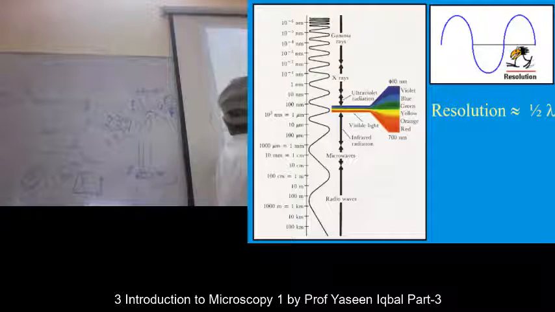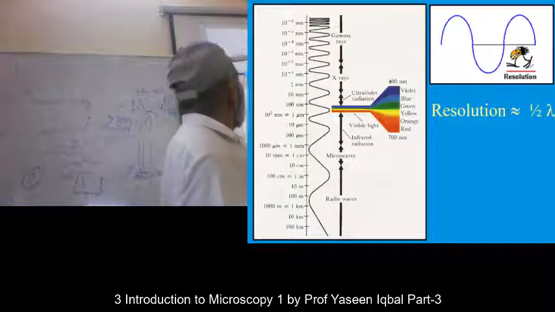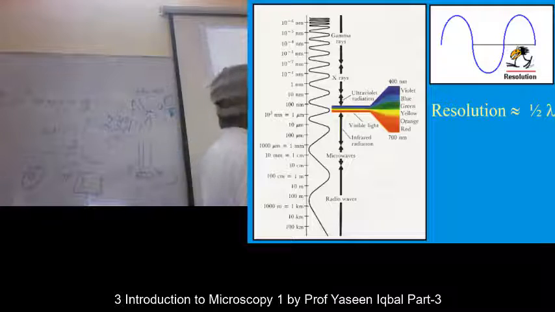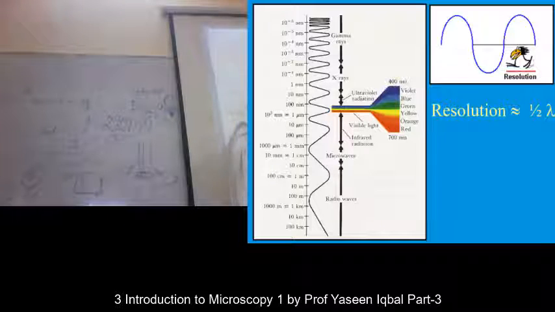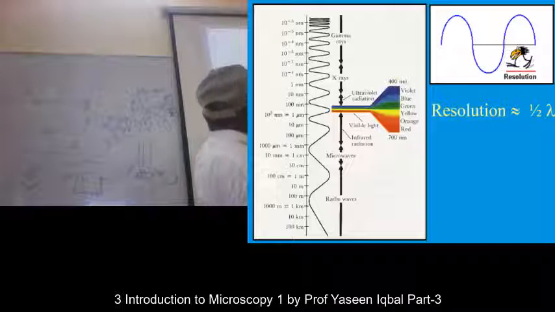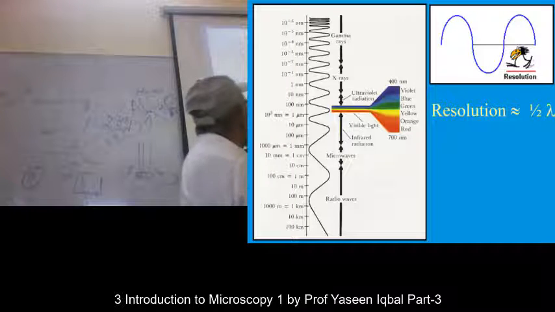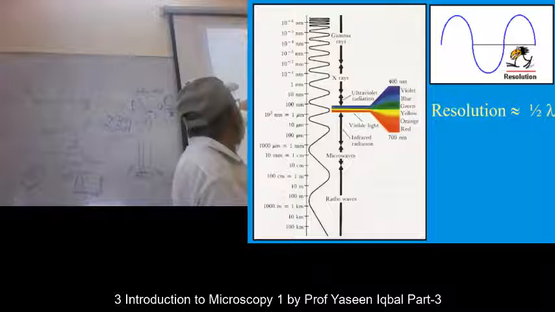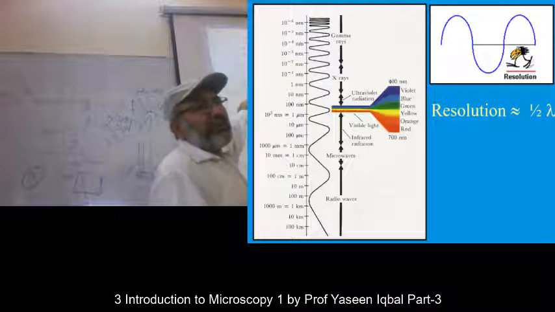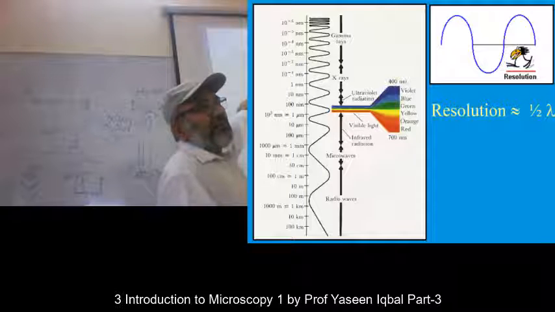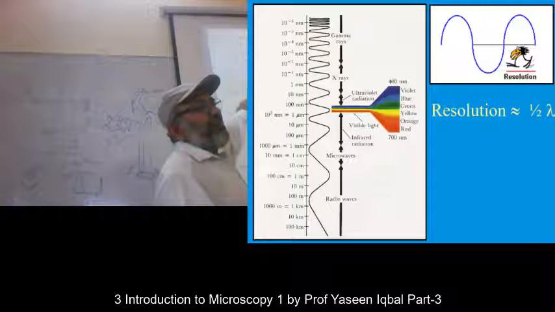Ultraviolet rays start from 10 nanometers, so above 100 and up to here, 1 micrometer. Right? Now, from here the visible light starts, 0.1 micrometer, 1 micrometer. 1 micrometer is 0.001 millimeter.